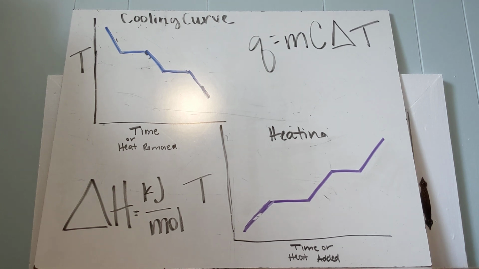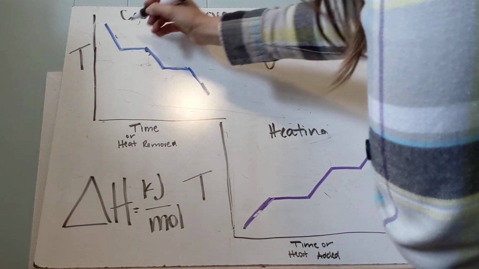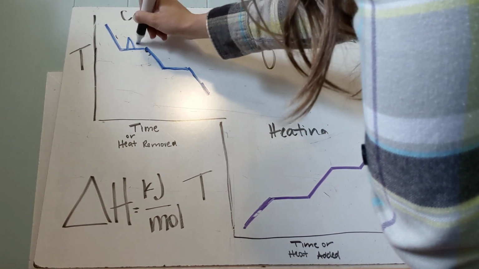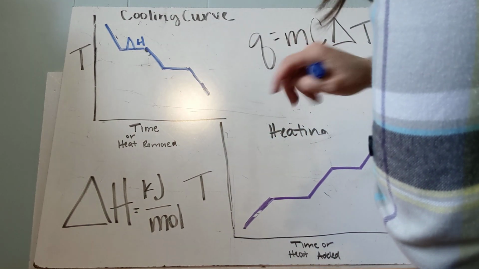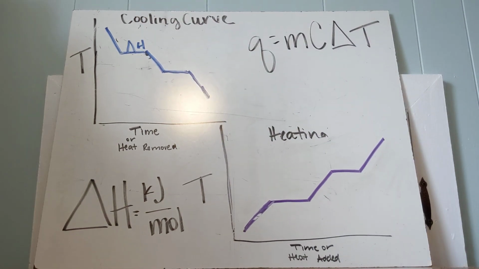Another thing you need to understand, notice right here where we have our first delta H. We would be going from a gas to a liquid. So from a gas to a liquid would be condensation. And we would be putting things back together.